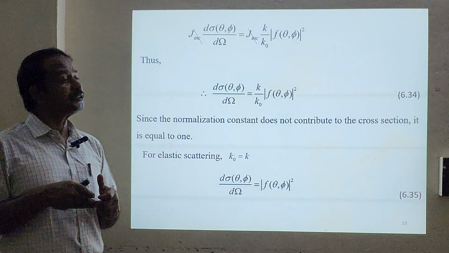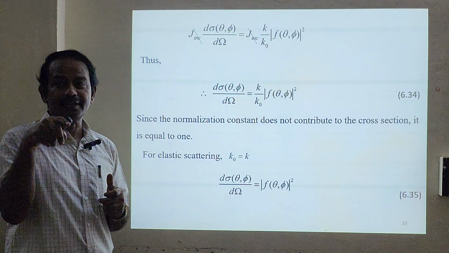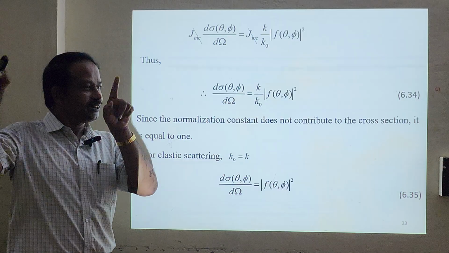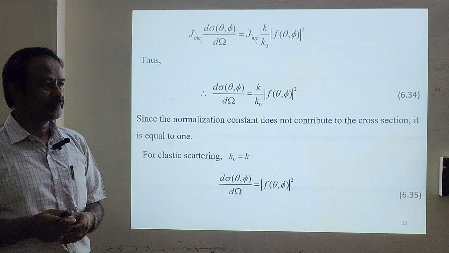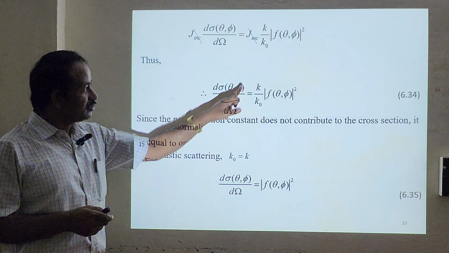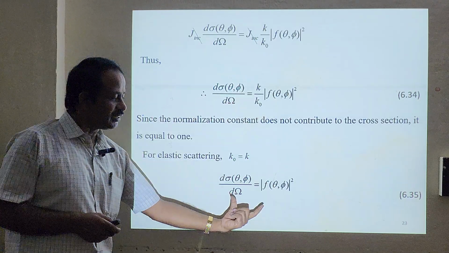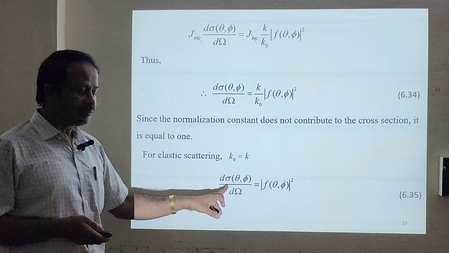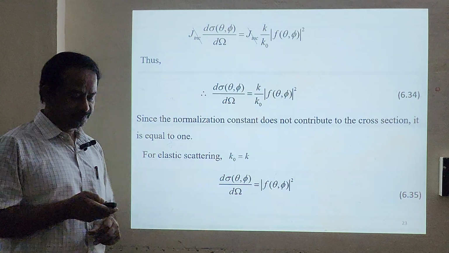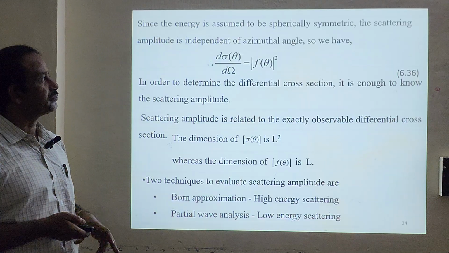The expression for momentum is ħ k naught, which is equal to ħ k. ħ will cancel, so k naught equals k for any elastic scattering. So k by k naught will cancel and we will have this expression. This is the relation between the differential cross section and the scattering amplitude.